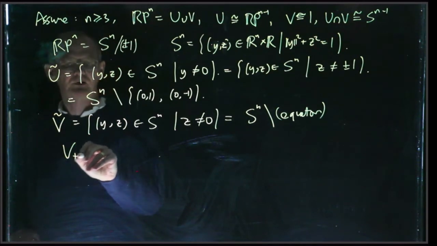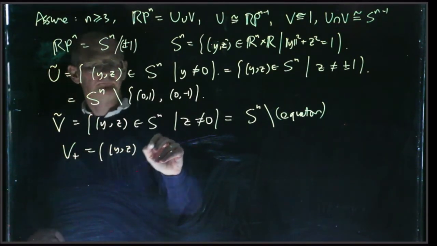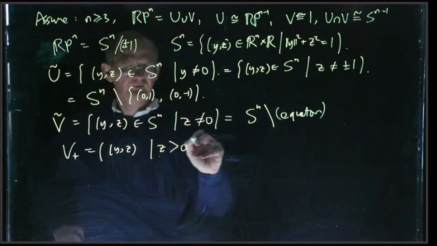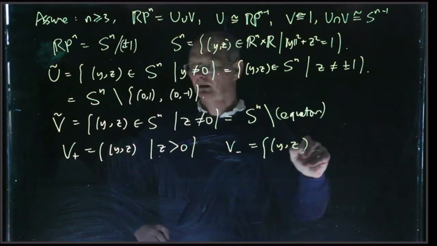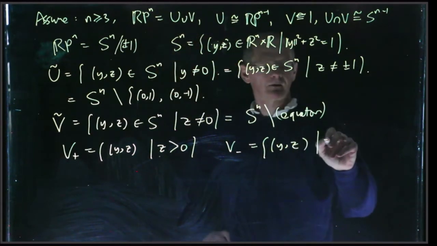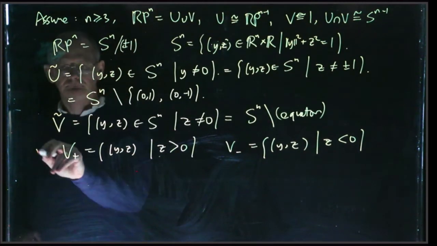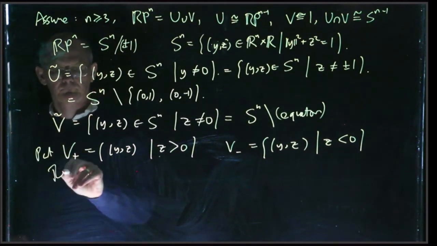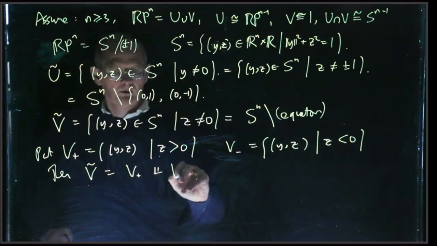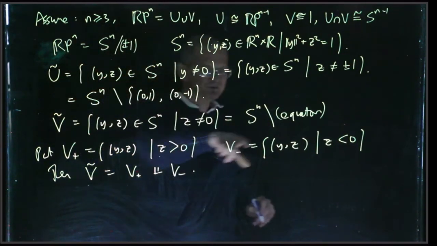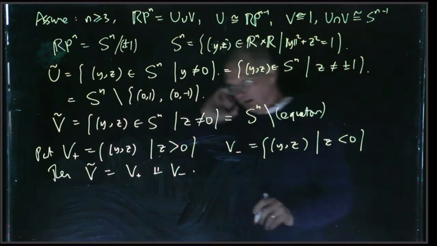And so we put V plus as the set of (y, z) where z is strictly positive, and V minus is the set of pairs (y, z) where z is negative. So this is like your upper hemisphere and your lower hemisphere, and V tilde is the union of those.